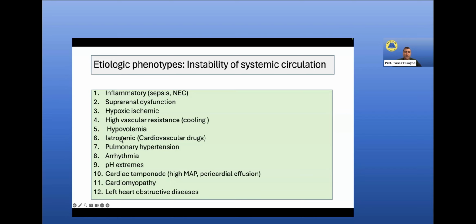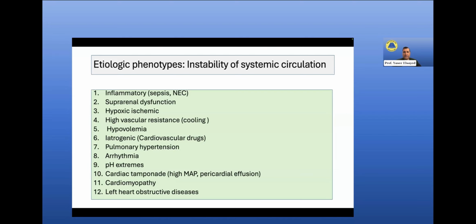With abuse of cardiovascular drugs, you may cause systemic circulation instability, especially the inotropes. It could be pulmonary hypertension, arrhythmia, or pH extremes, because with acidic pH you have vasodilation and with alkalotic pH you have vasoconstriction.